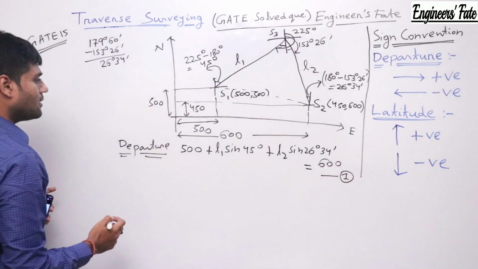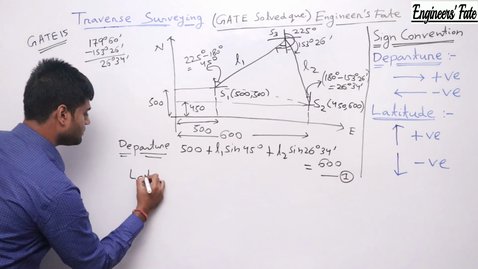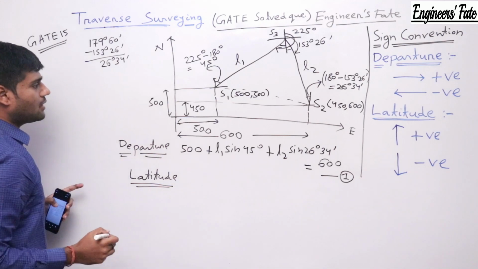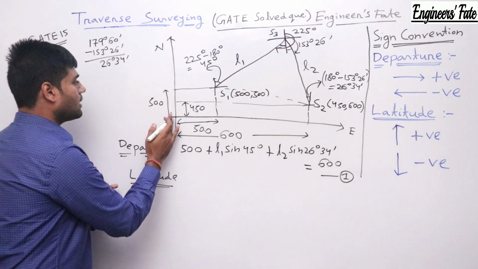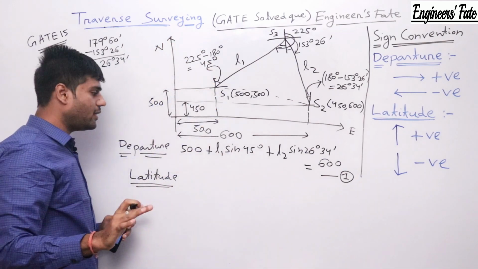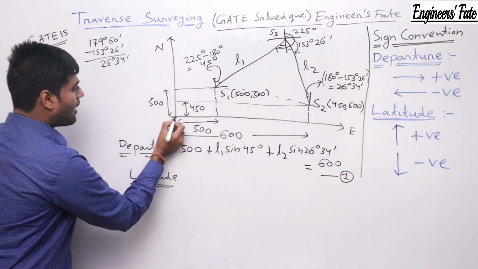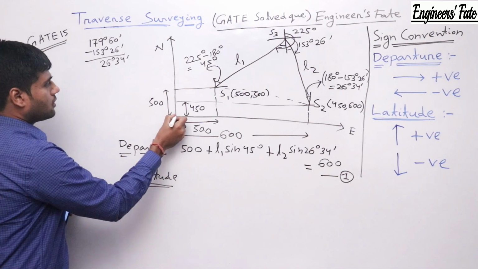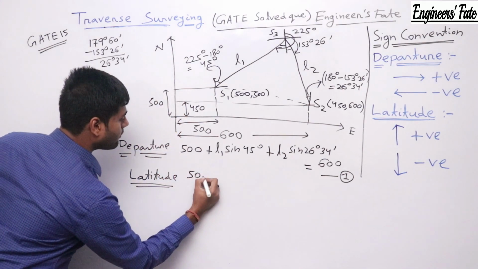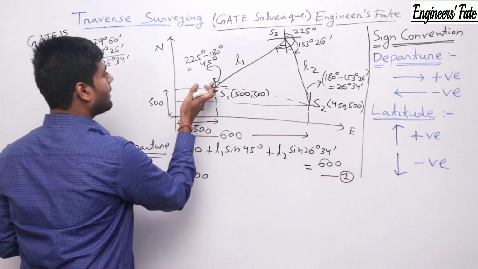Now I have to write the equation of latitude. So now the latitude equation will be like this. If I move up, that will be positive. If I come down, that will be negative. So see, I am here at 0. Now I have traveled above 500, so that will be 500. Now I am here.